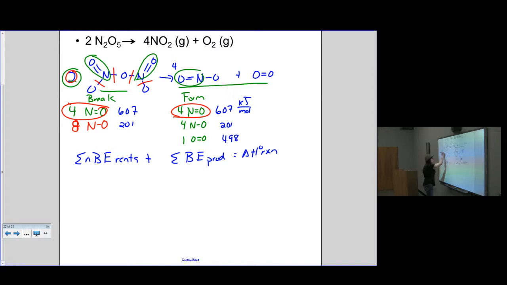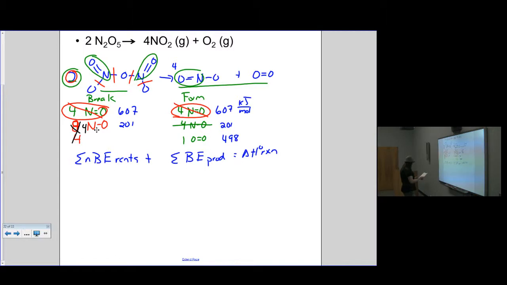So can't we just cancel that before we even get started? We're going to break them and then we're going to reform them. I mean, it's true they rearrange into a different arrangement, but for value purposes, they don't change. Then we have 8 NOs and 4 NOs. So I'm going to get rid of this. And I'm going to say I have 4 NO bonds on this side, and still I'll have the 1 double bonded O.